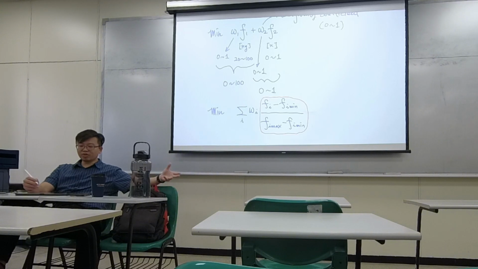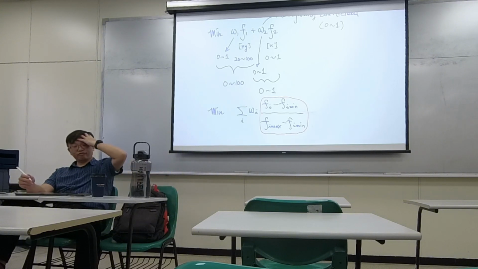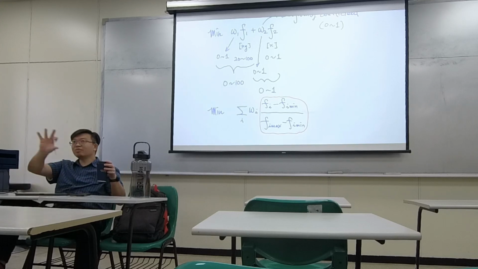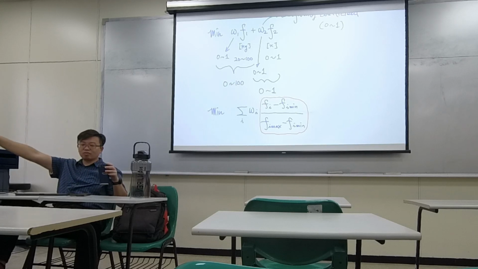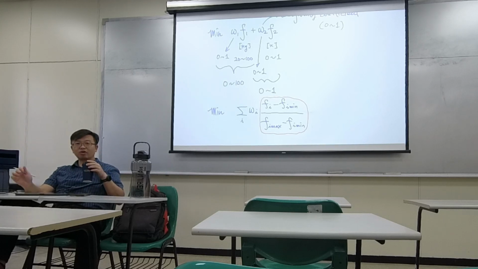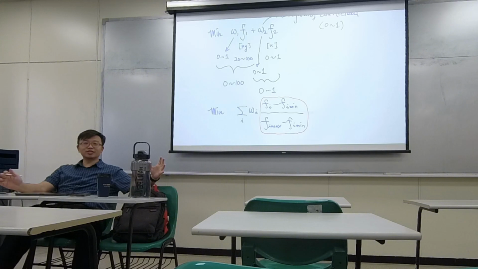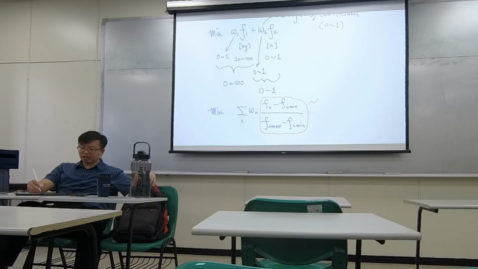So multiplying a weighting coefficient ranging from 0 to 1, every term is ranging from 0 to 1. So you could have multiple terms, and they are all in the range of 0 and 1. So they become equally important. Okay, so this is a normalization.